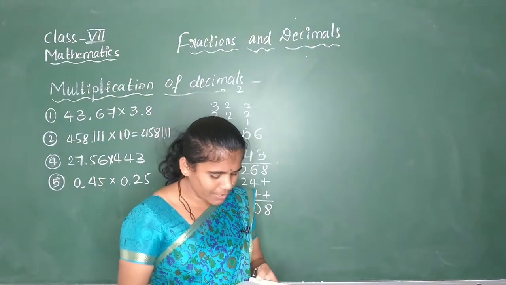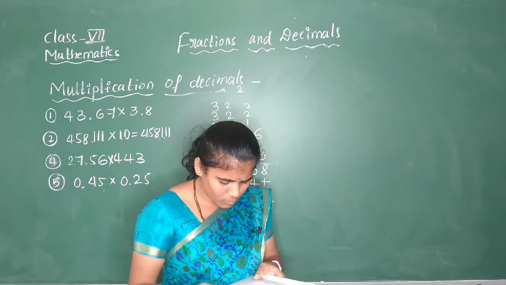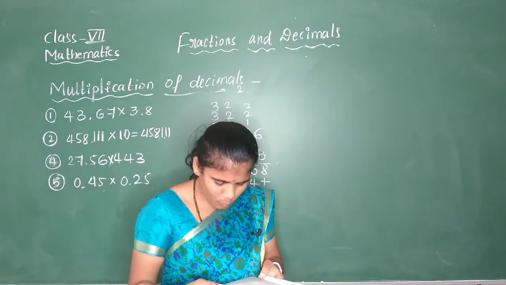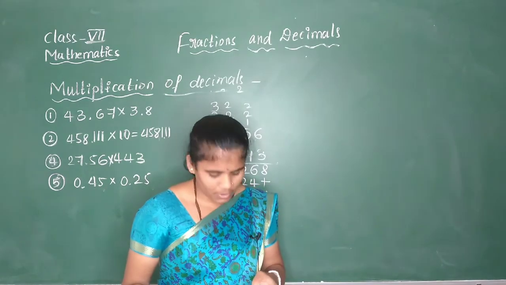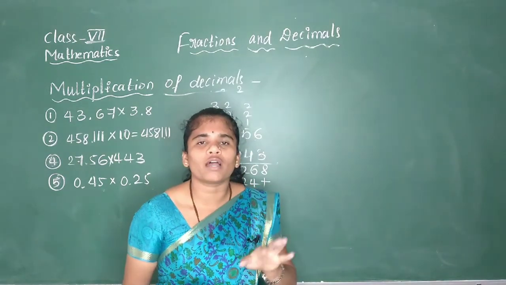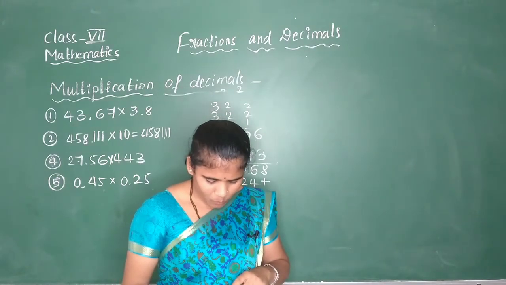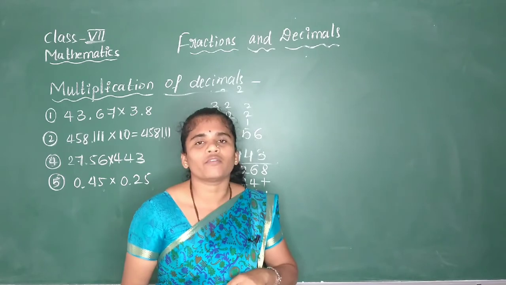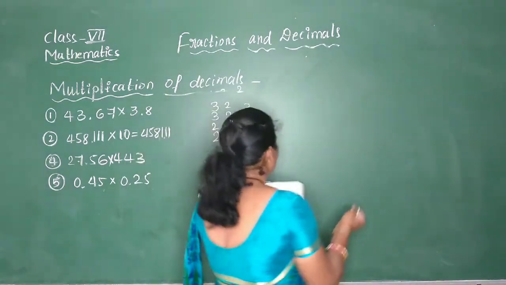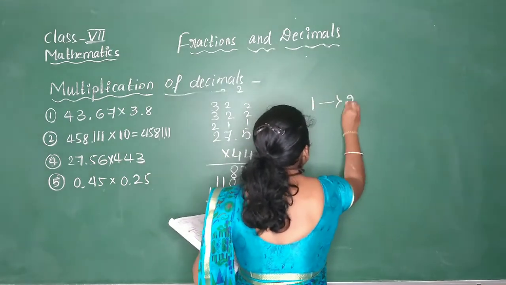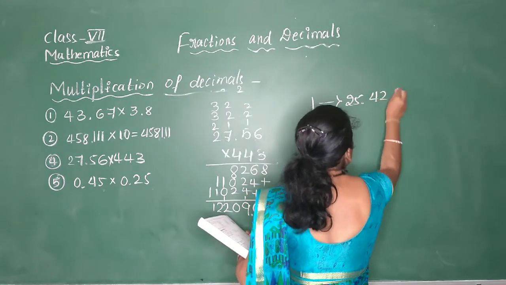Okay, and the fifth one, solve the following. Kanta worked 5.4 hours overtime at 25.42 rupees per hour. Here Kanta worked a total of 5.4 hours. Okay, overtime at 25.42 rupees per hour, for 1 hour, 25.42 rupees.